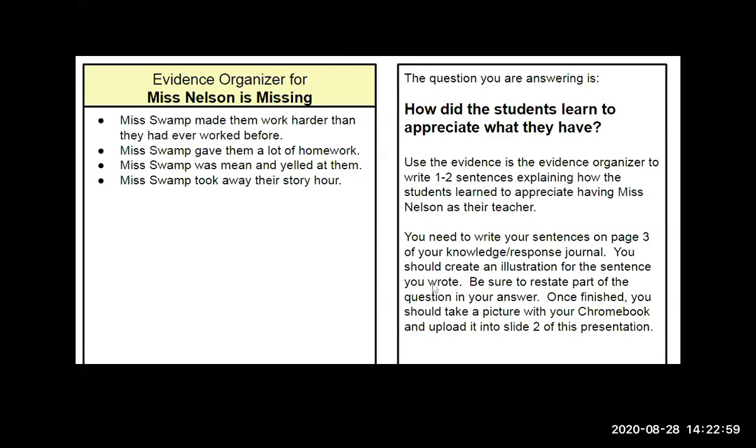What I did with my class earlier today was, I wanted to use the piece of evidence that Miss Swamp took away their story hour. So I wrote the sentence, the students learned to appreciate what they had because Miss Swamp took away their story hour.